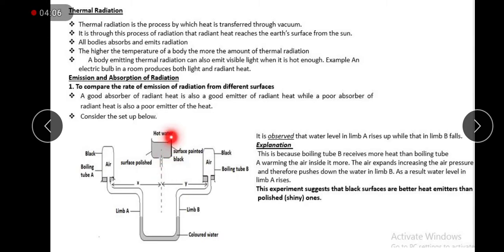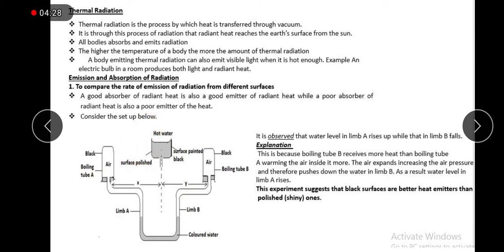Now, here in the middle, we have hot water in a basin, but on this side, it is painted black. On this side, the surface is polished. Polished means it has either a shining surface or it is painted white. I will use that term polished.